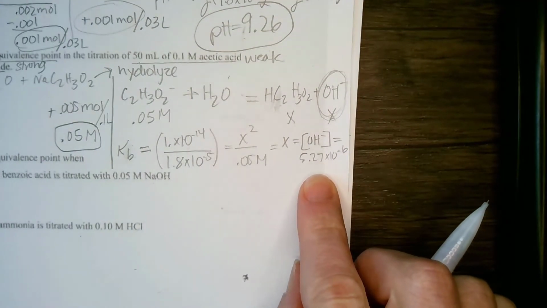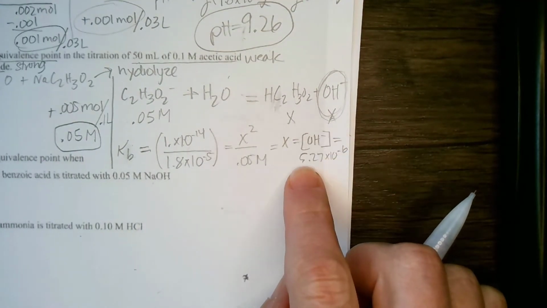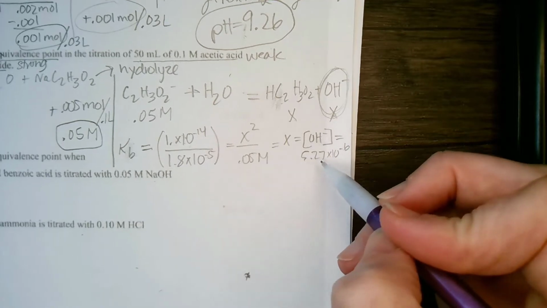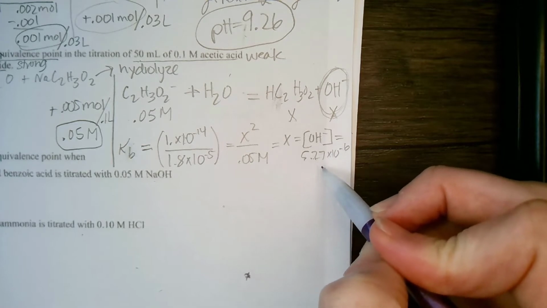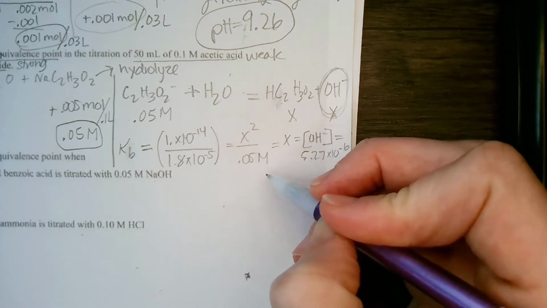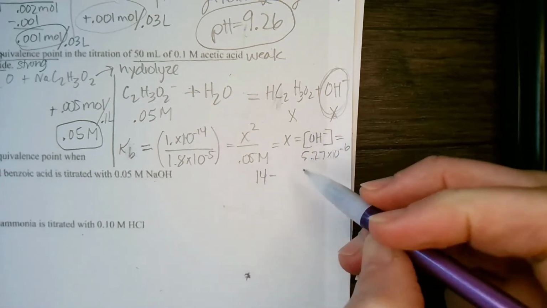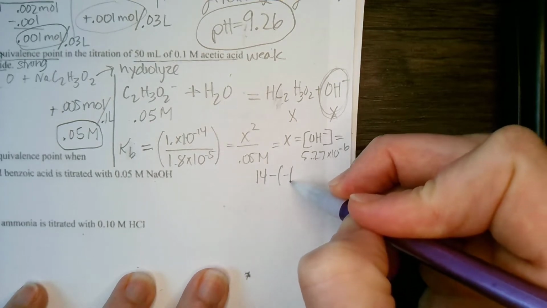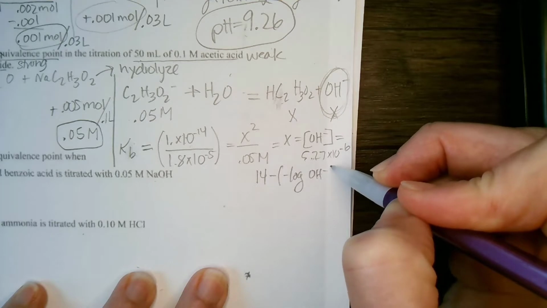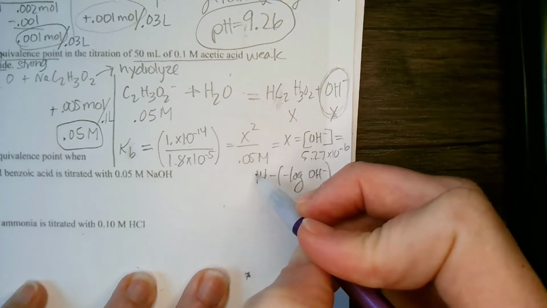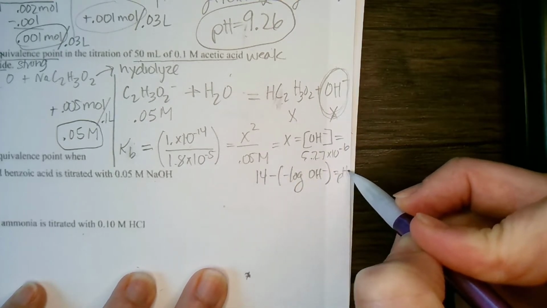Okay, how do we find the pH if we know the hydroxide ion concentration? Well, if I take the negative log of this number, that gives me the pOH, and then 14 minus that answer, so 14 minus the negative log of OH should give me my pH, right?